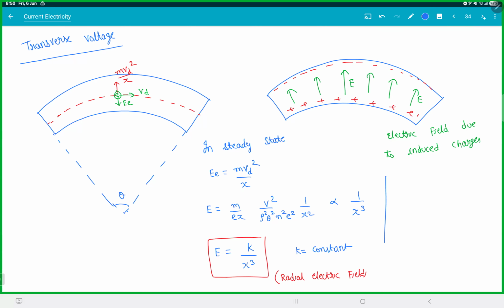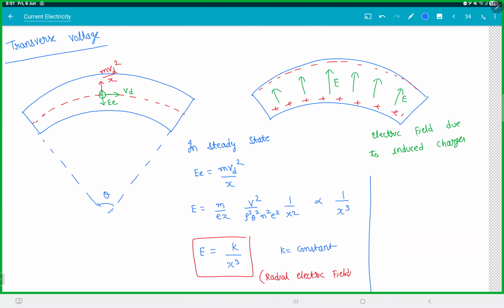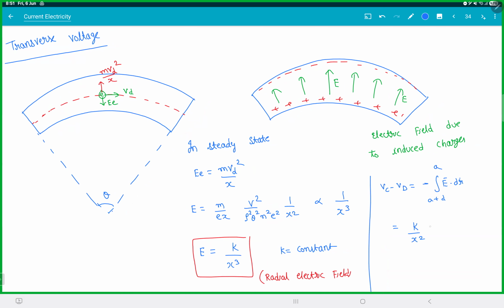And then we know, if you know the electric field, then I can use the potential difference. Vc minus Vd will be minus integral E dot dr. Limits will be from a to a plus d, c is inside. Then you can just integrate this. This will be k by x cube dx.